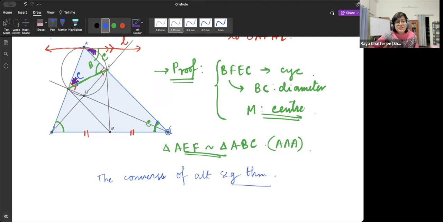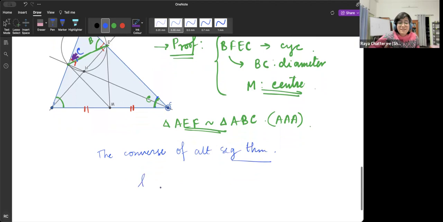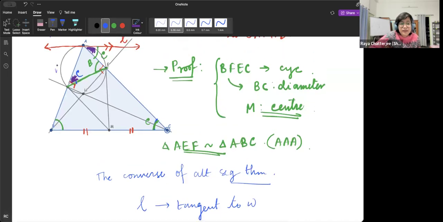So by the converse of the alternate segment theorem, I basically have that L is tangent to, let's call that omega. Yeah, so we have proved the first part.